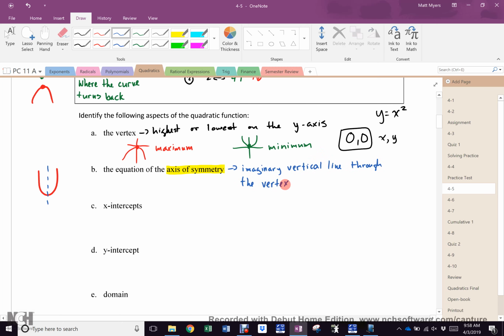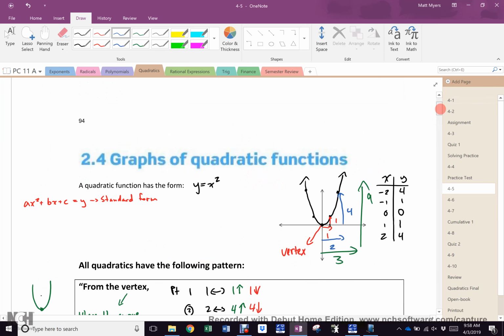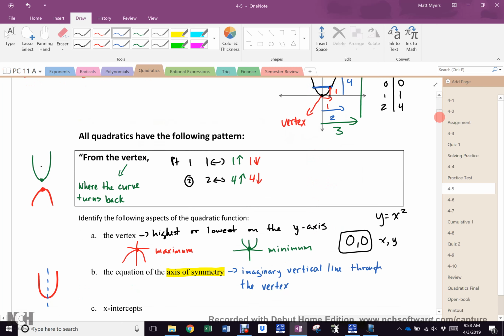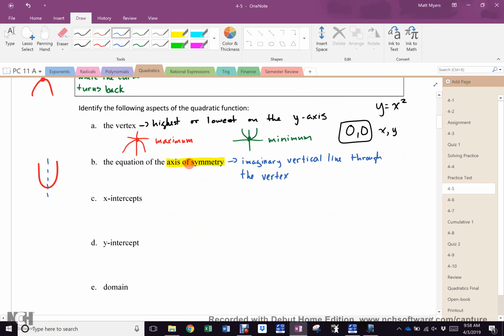And why is it important? You don't have to write this down, but notice, if I have a point here, one to the right and one up, that point has to exist over here. It's got the same y value, but at the opposite x value. Everybody with me? Same thing up here. Cool? Okay. So that's what the axis of symmetry is.